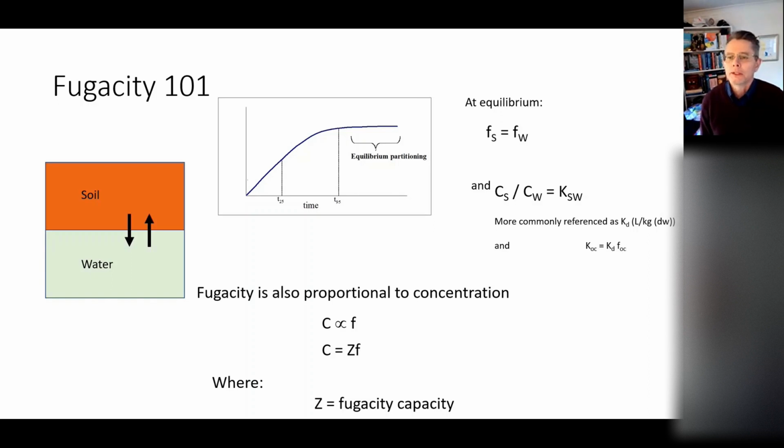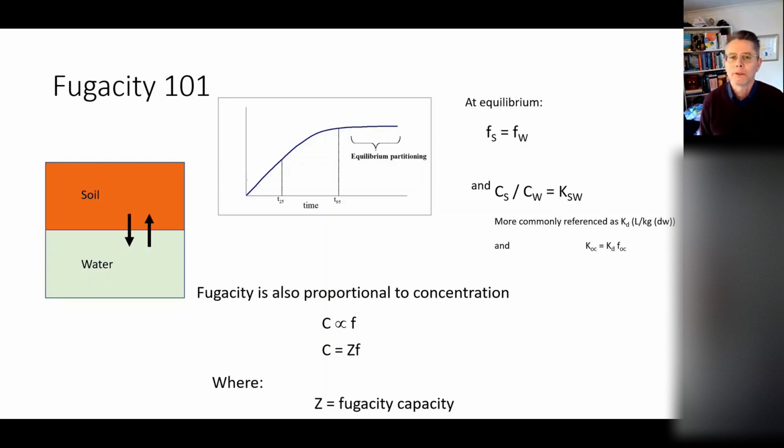This is more commonly referred to as a KD value, and for a lot of the neutral organics, KD is largely influenced by the fraction of organic carbon in the soil. If we know KD, we can derive the organic carbon-water partition coefficient, which is a very important term for trying to understand the behavior of different organic chemicals in the environment.